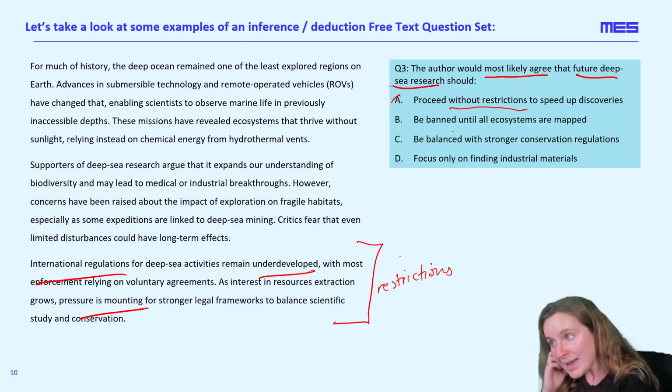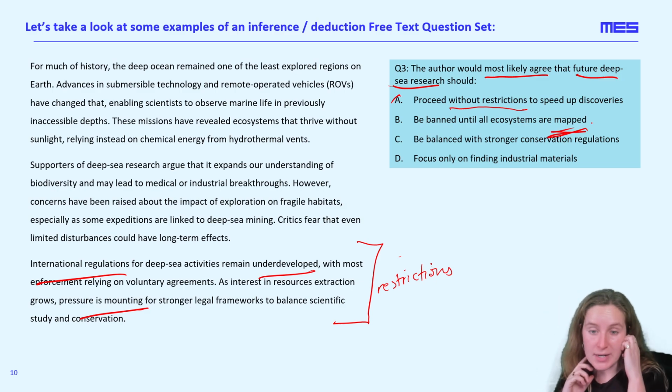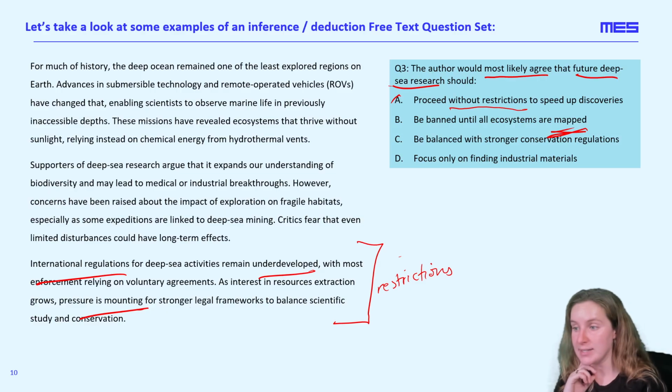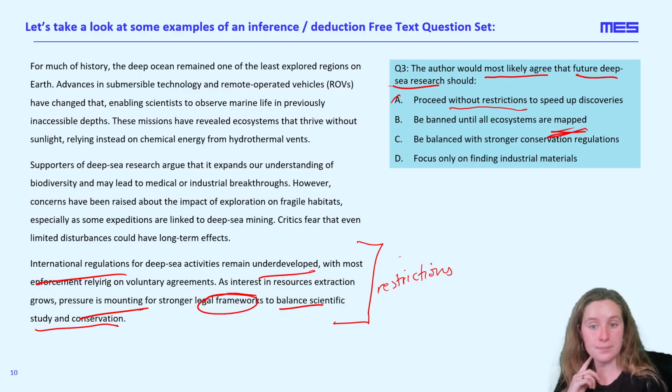B, being banned until all ecosystems are mapped. "Mapped", we've not seen any information about anything being mapped. Indeed, it seems like the author is looking for stronger legal frameworks to balance scientific study, in other words the discoveries, and the conservation of the ecosystems. But we see nothing about mapping here at all as we scan the passage again.